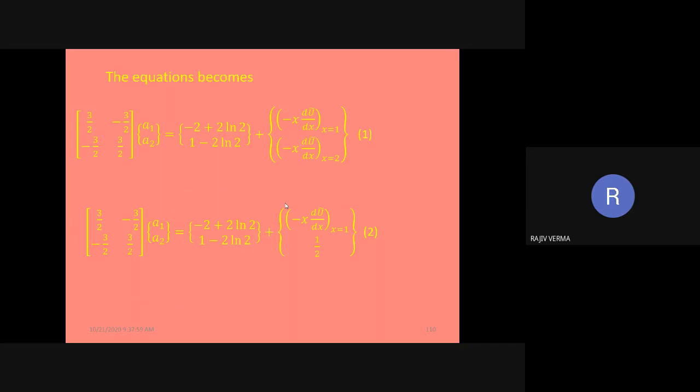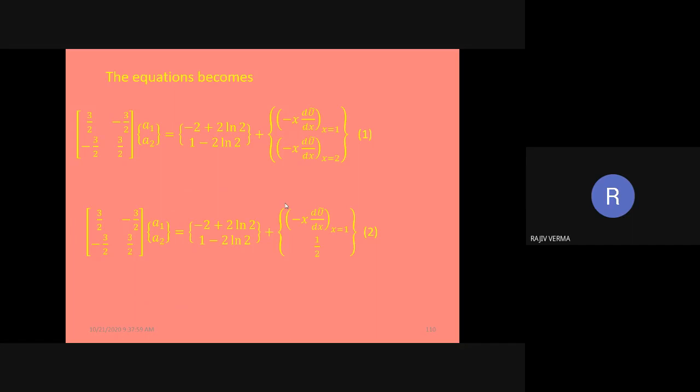So when you apply the FEM technique to a linear element, you get two equations. Obviously there are two unknowns, so for getting the value of two unknowns you require two equations. But in these two equations, you will notice that the value of the flux at x equal to x1 is not known in the first equation, but all the terms in the right hand side of the second equation are known to you.